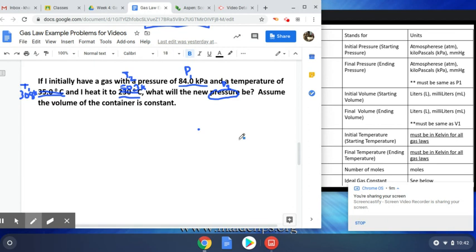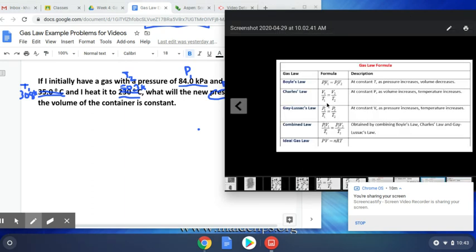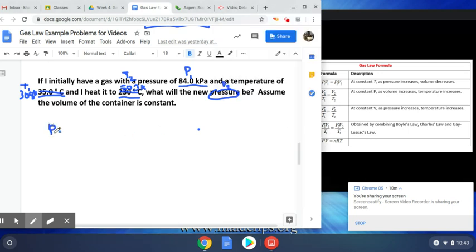So if we have P1, T1, all these P's and T's, no moles, so that means we must be using this law, Gay-Lussac's law. So just like with Charles's law, I do find it easier for kids if you start by cross multiplying.